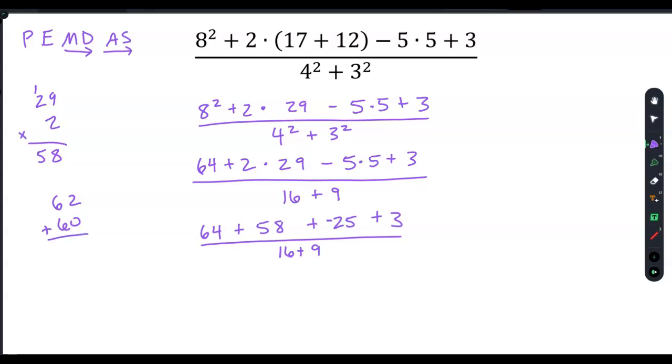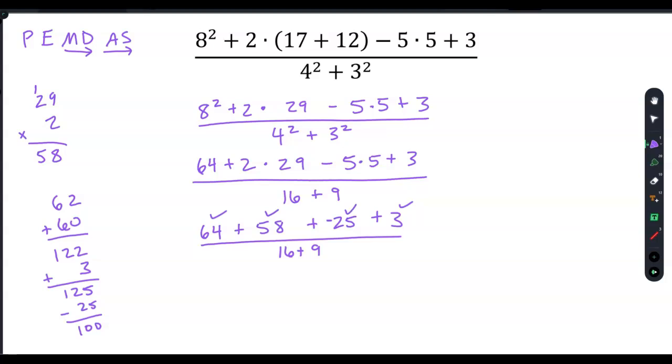That might be a little easier because that would be 122. Or maybe it would make sense to go ahead and add all your positive numbers first. So like 122 plus 3 is 125. And then I've added this one and this one and this one. And now all I have to do is subtract 25 or add the negative 25. So if I were to subtract, I get 100.